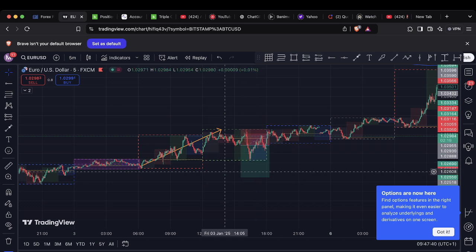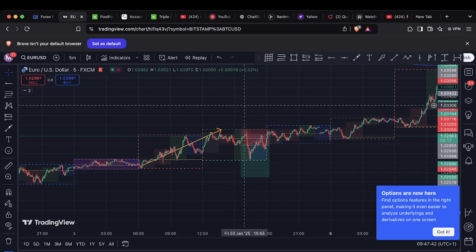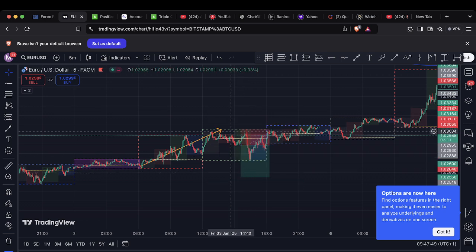If you look at the bottom part here, you'll see this day was a Friday, 3rd January 2025. So this was a Friday, but I ended up trading that day. I lost, which is okay.